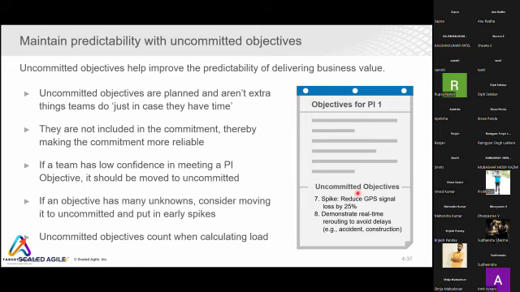Previously, people used to make the mistake that when they are under uncertainty, they still take the work, and later they don't have time to do it even when the clarity comes. But since they have taken the extra load, they suffer. So you have to plan the work, plan the time for that, in calculating the load, but don't commit it. That is an uncommitted objective.